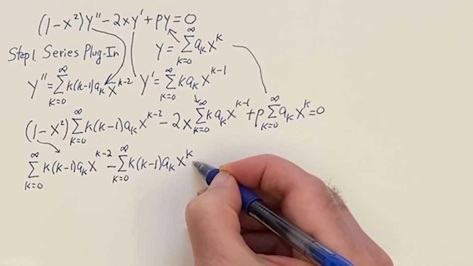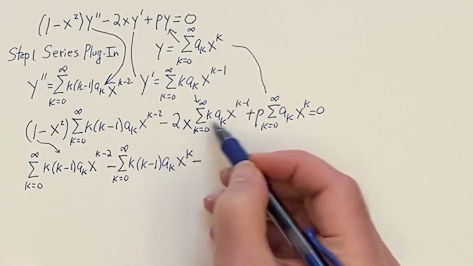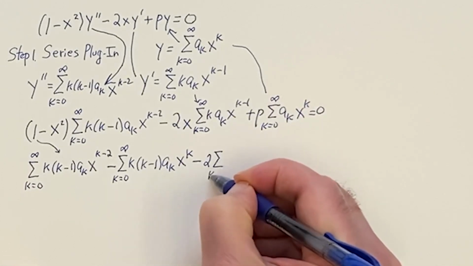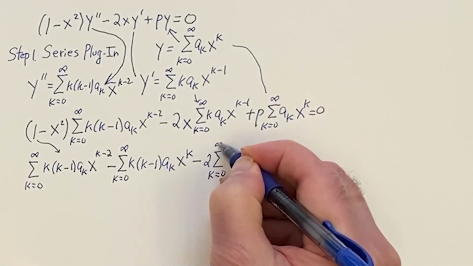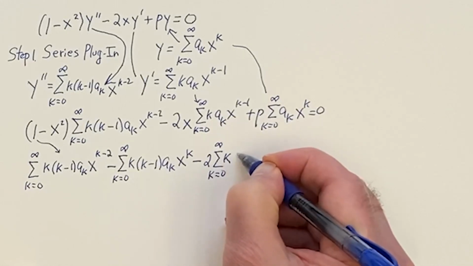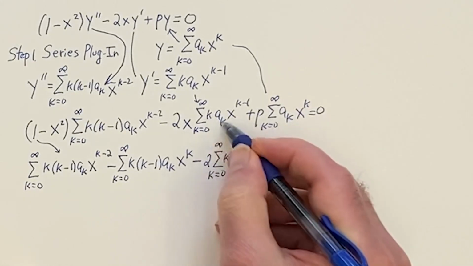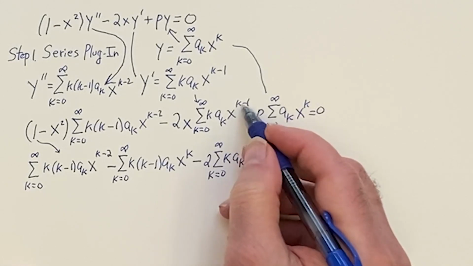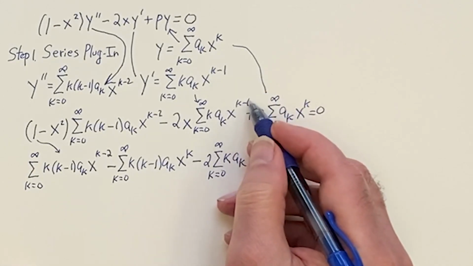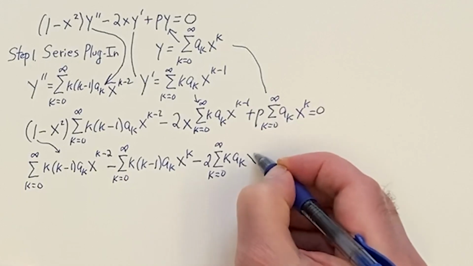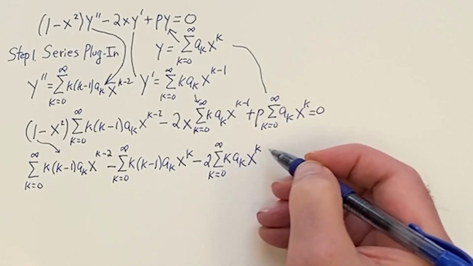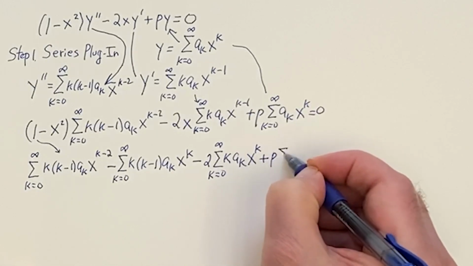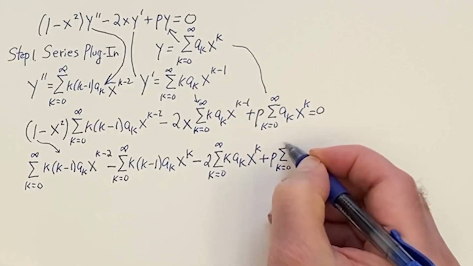And then this next one, if I move this x inside, I'll have k equals 0 to infinity, k and a k, but then the x will push this exponent up by 1, so k minus 1 plus 1 will be x to the k. Then for the last one, there's nothing to do since there are no extra x's floating around.